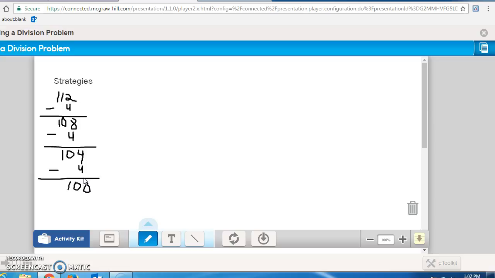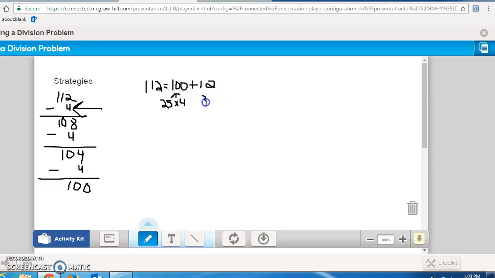Another friendlier way to do it would be to look at that number, 112, and say, well, I know 112 equals 100 plus 12. And there are 25 4s. Remember, that's what we were looking at, was groups of 4s in 100.